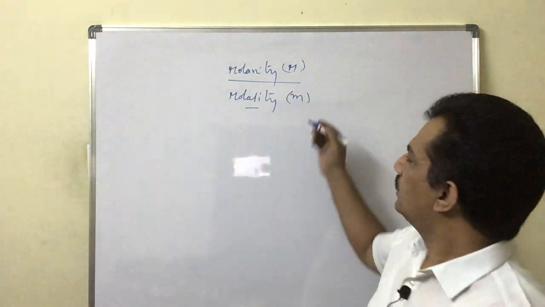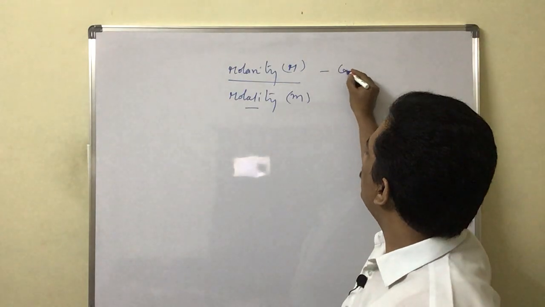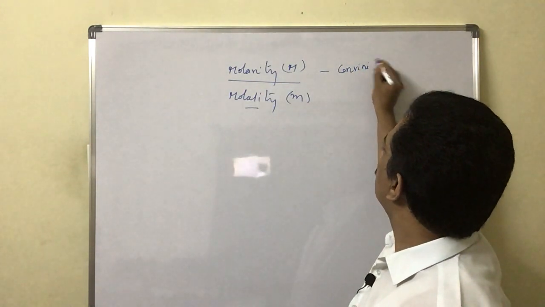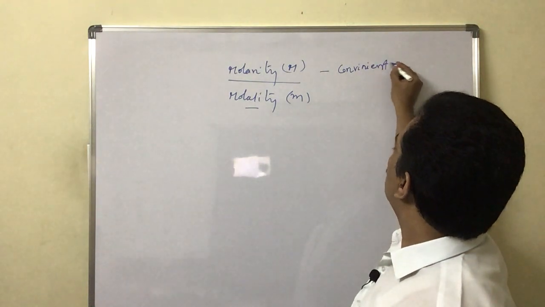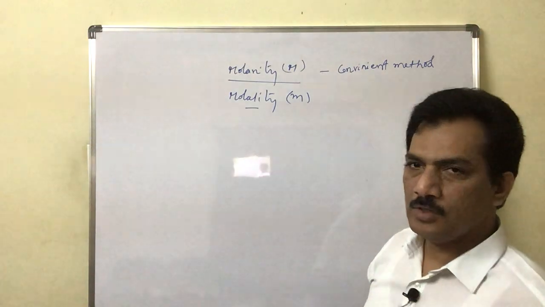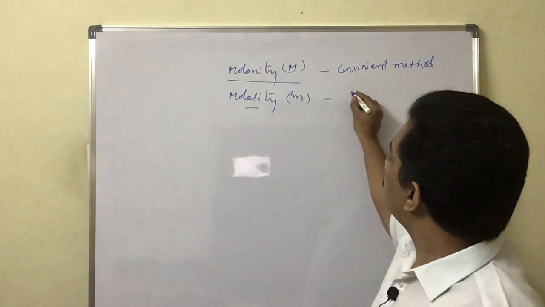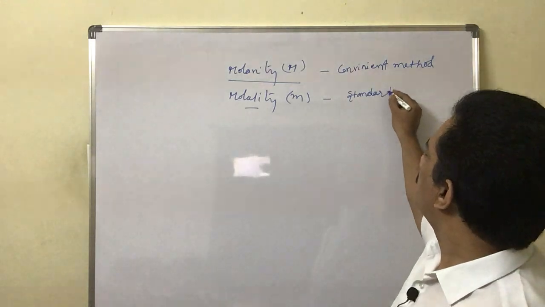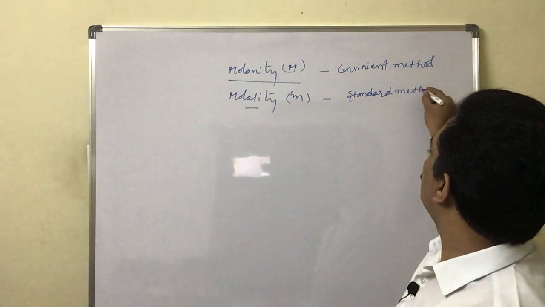Just remember, molarity is the convenient method to express the concentration, whereas molality is taken as the standard method to express the concentration.